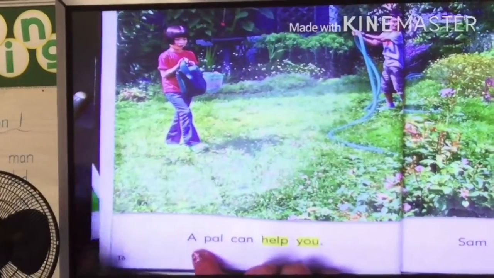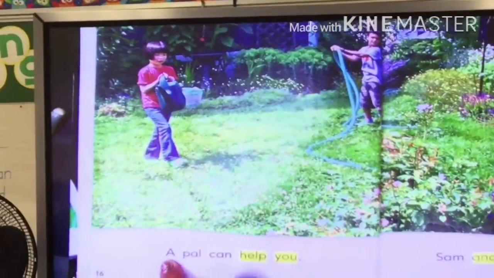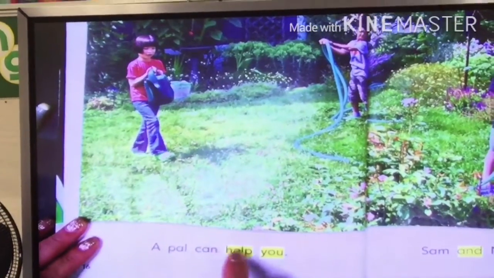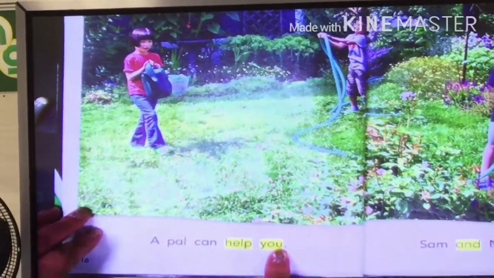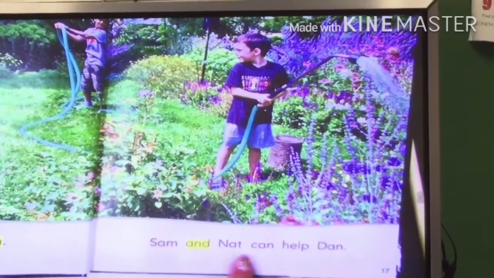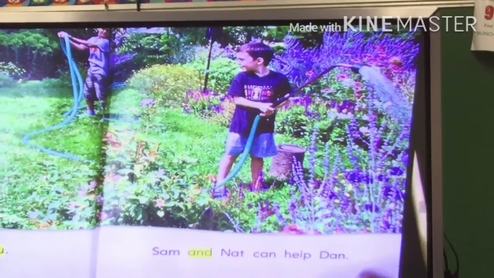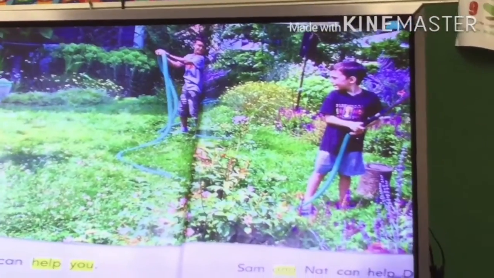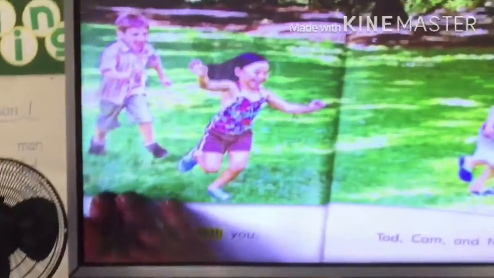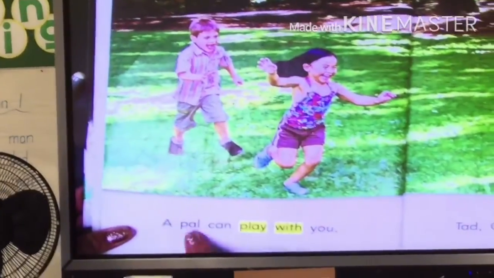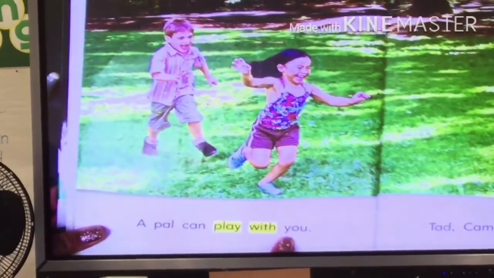First page. I'm going to read. I want you to touch each word and follow along. A pal can help you. Sam and Nat can help Dan. They're helping water the flowers. A pal can play with you.